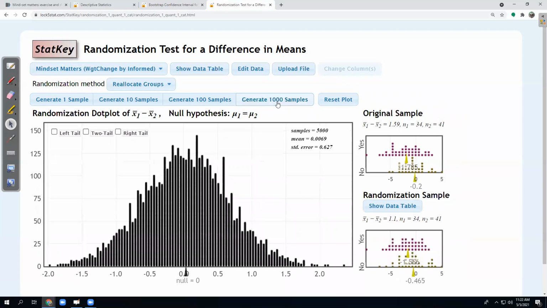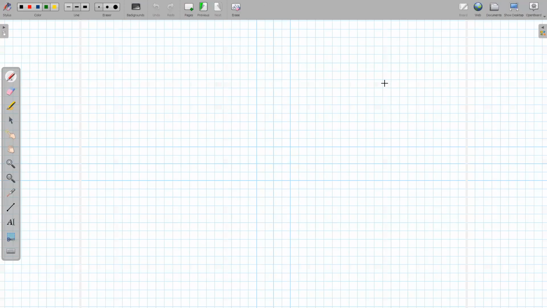I've got 4,000, 5,000, 6,000, that's good enough. Then the question is, do we expect these people to lose more weight, or do we expect there to be no difference? We have to decide what the alternative is. So before I pick the test, we have to think about this. All right, so Mindset Matters.